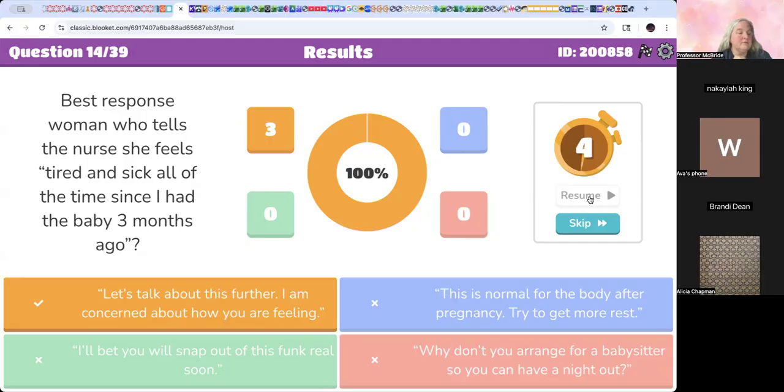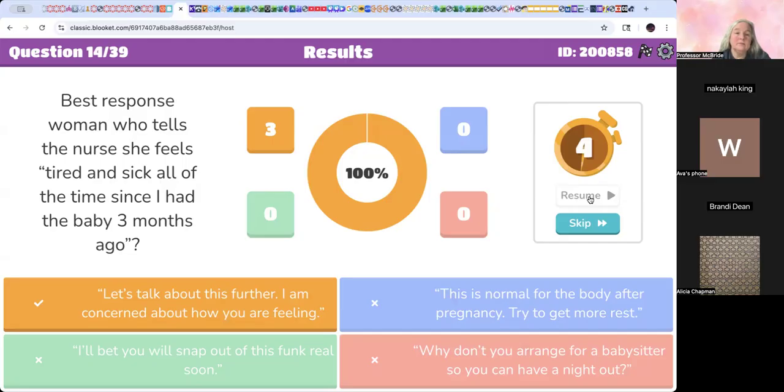Postpartum depression. Yeah. Why do you think that? She's just showing signs of constant tiredness, feeling sick all the time. Some of those signs and symptoms can be associated with postpartum depression.